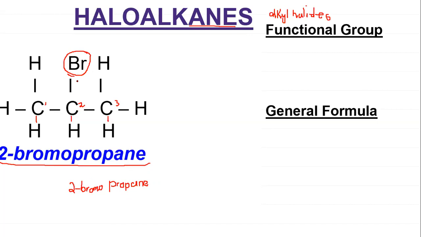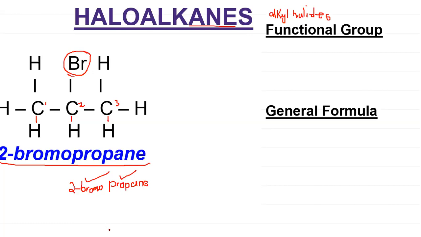And you also see that this bromine is attached to carbon 2, so you put a 2 there. Then you remember the other IUPAC rule that says you must have a hyphen between a letter and a number. So the complete name for this molecule, or the IUPAC name for this molecule, is then called 2-bromopropane.